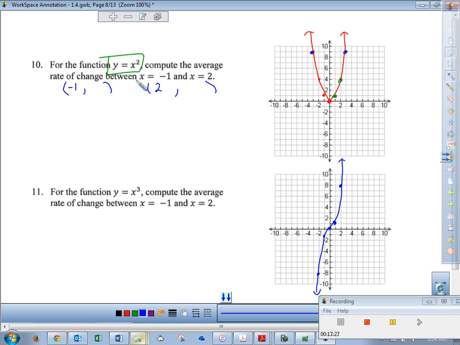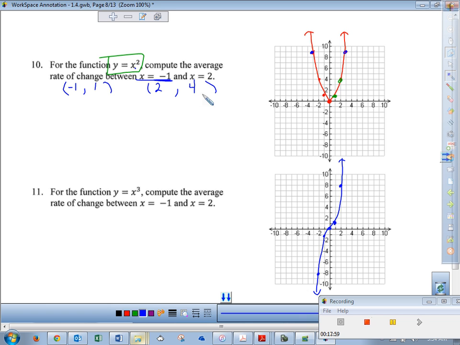If x was -1, and I put -1 into this equation, what does -1 squared turn out to be? 1. So when x was -1, didn't y turn out to be 1 in this particular function? If x is 2, what does y turn out to be? 4. And now they're asking you for the average rate of change between those 2 points.